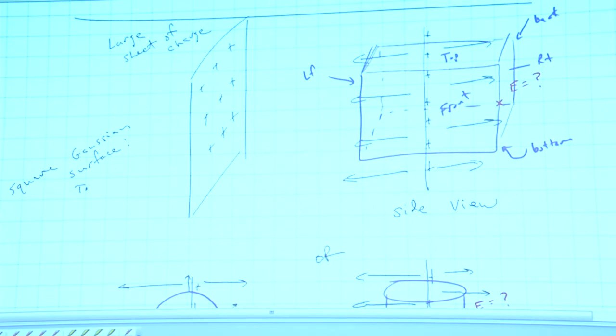The top. What's the flux through the top? 0. The field lines never penetrate the top. The surface and the field lines are parallel, or theta is 90 degrees everywhere. See that?